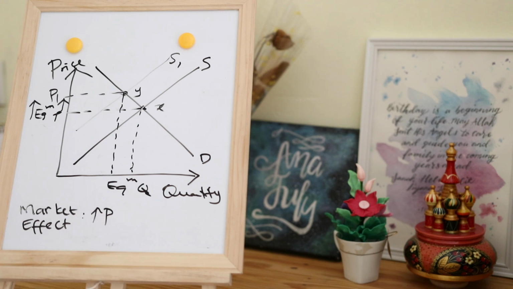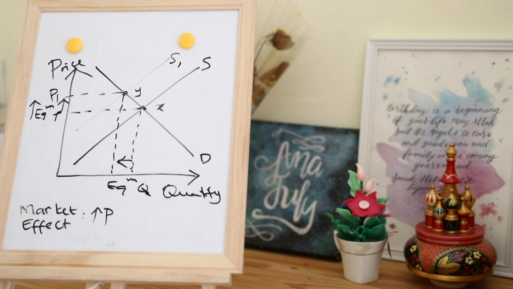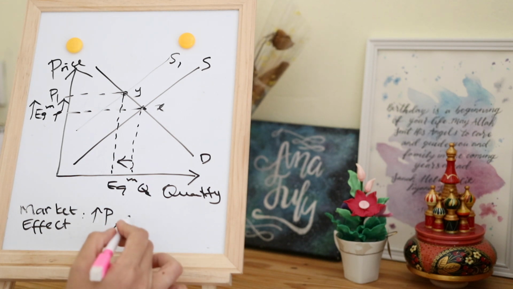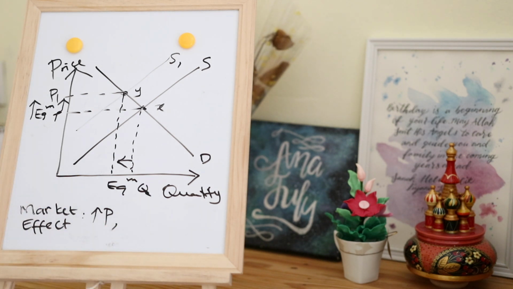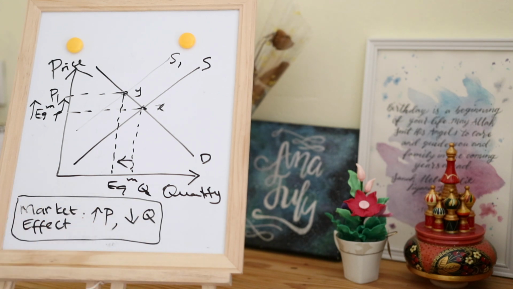How about the quantity? From point X to point Y, the quantity will decrease, because the price is increasing. This is what we call the market effect.